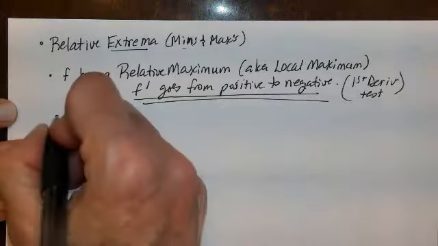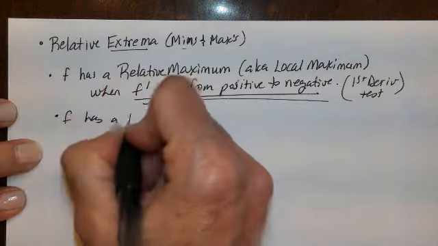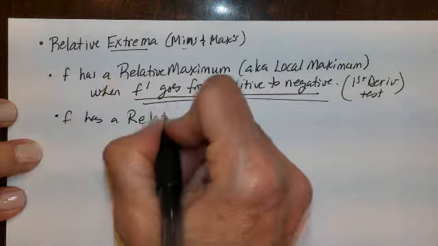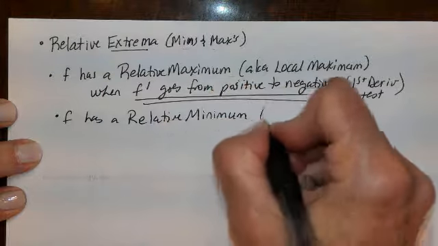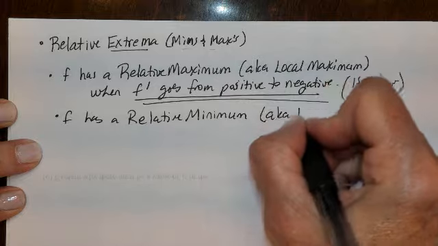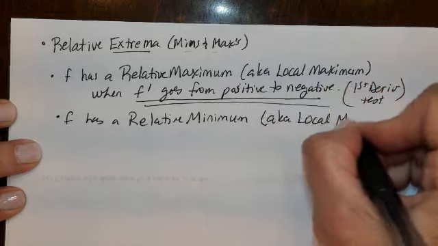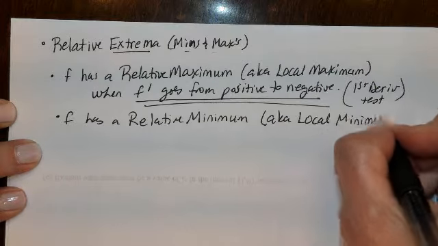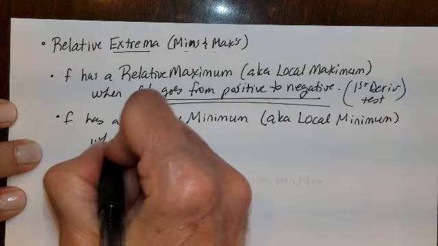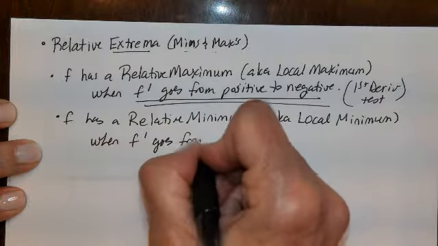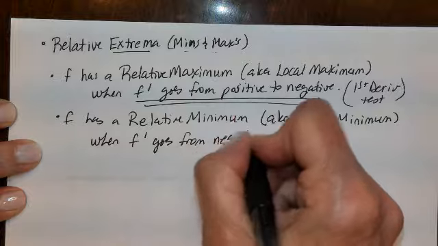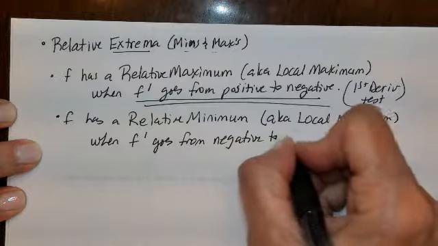Okay. F has a relative minimum, also known as a local minimum, when f prime goes from negative to positive.